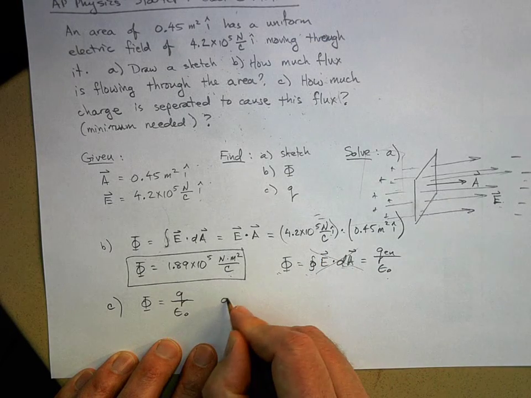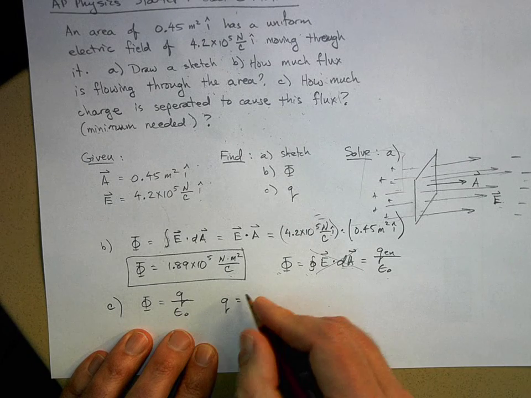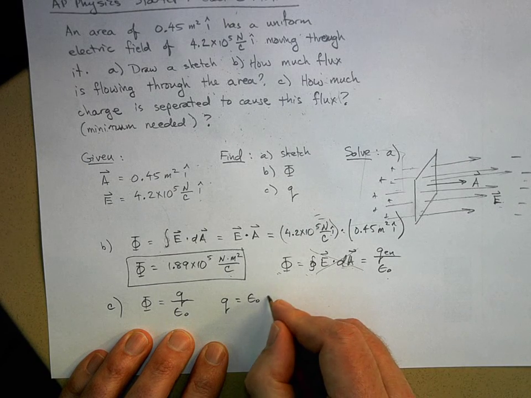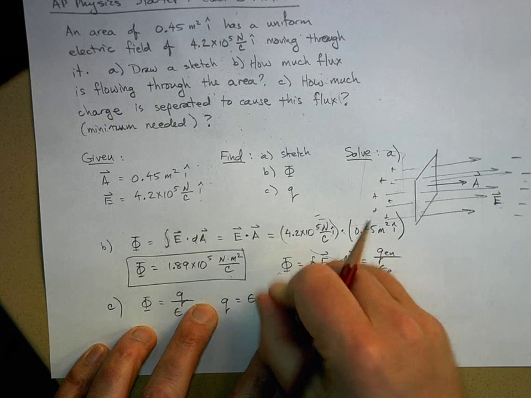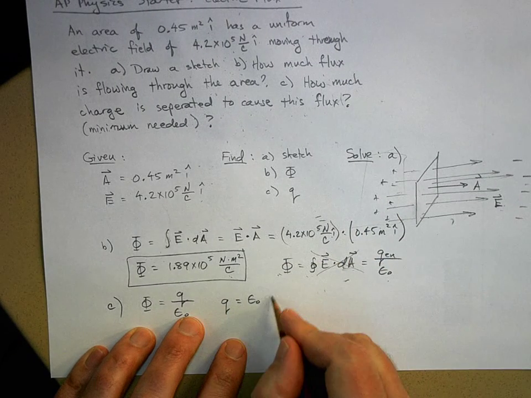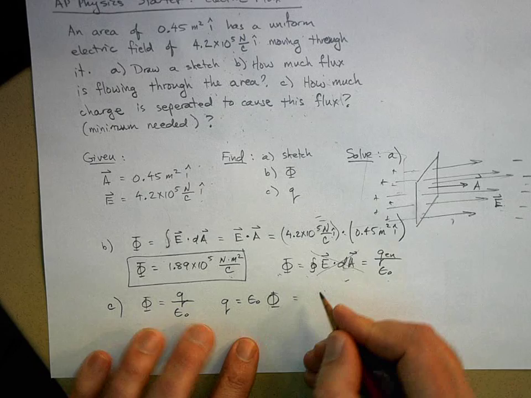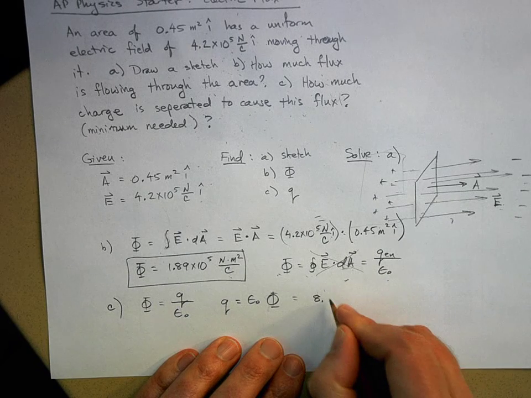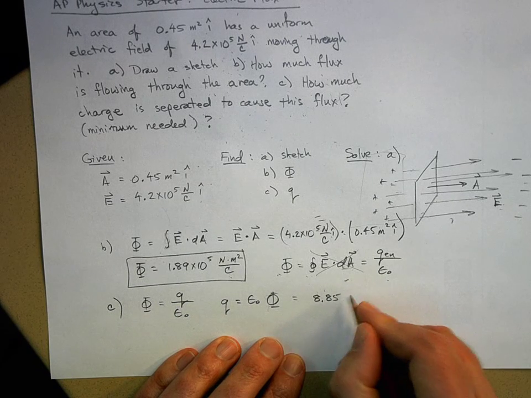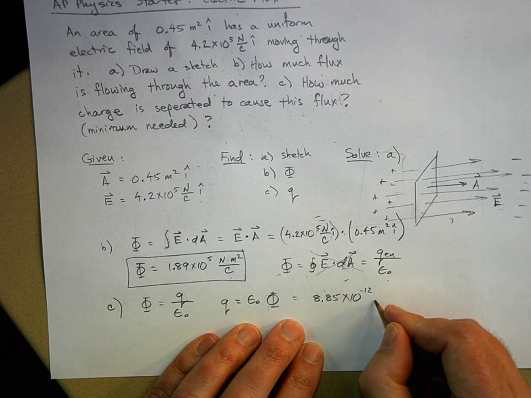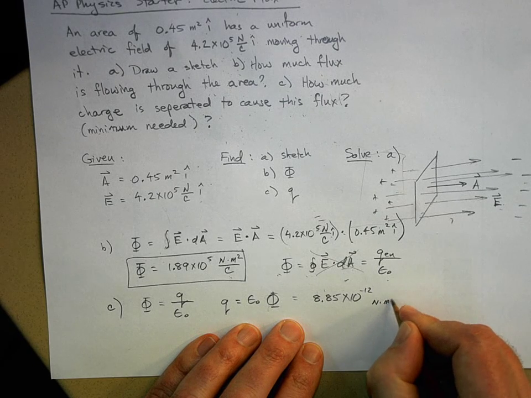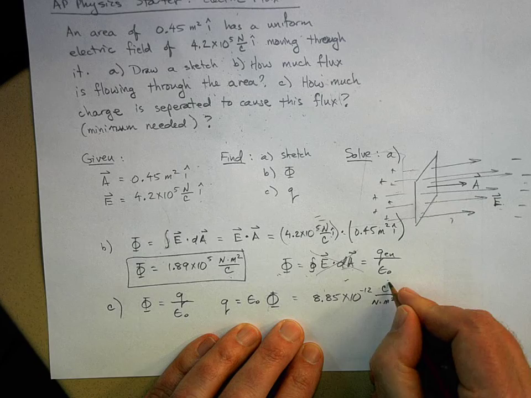So the charge is just going to be equal to epsilon naught times the flux. And this is 8.85 times 10 to the negative 12 newton meters squared per coulomb squared.